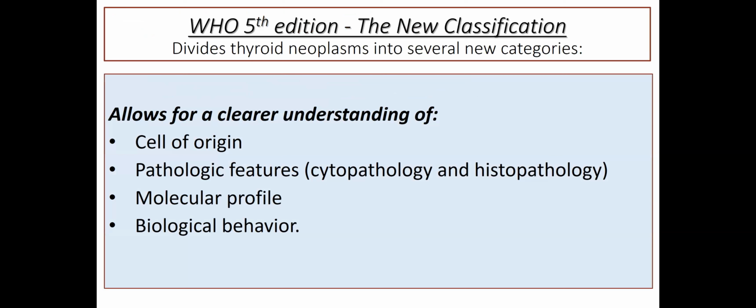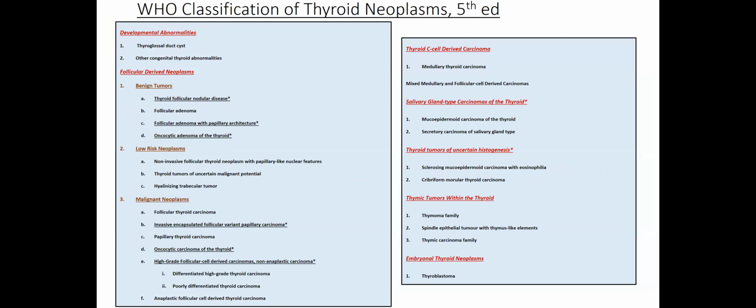And this really allows the new classification scheme. The cell of origin, the pathologic features, takes into account the molecular profile and biologic behavior. So this is the new classification scheme, which is divided into benign follicular-derived neoplasms, C-cell-derived carcinomas, salivary gland-type carcinomas, thyroid tumors of uncertain histogenesis, and tumors arising from thymic remnants.